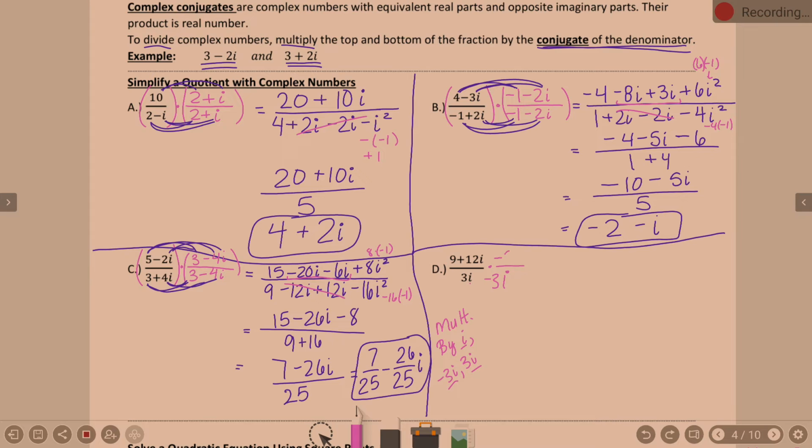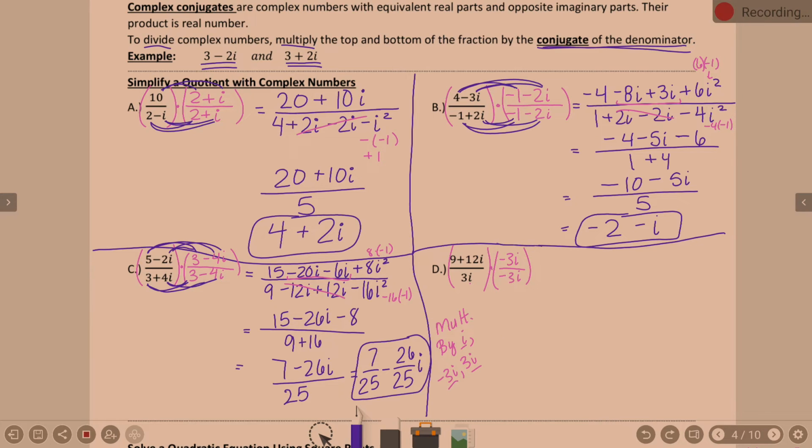Now, if you're sitting there saying, oh, Mrs. Sargent, I already went through and multiplied by i, meet me at the end. Okay? Okay, I'm going to rewrite that. Okay, we're multiplying by negative 3i. What we do on top, we do on bottom, right?